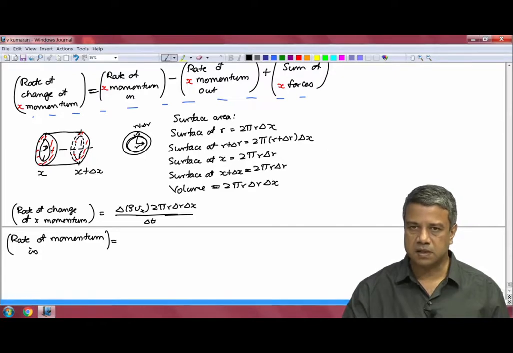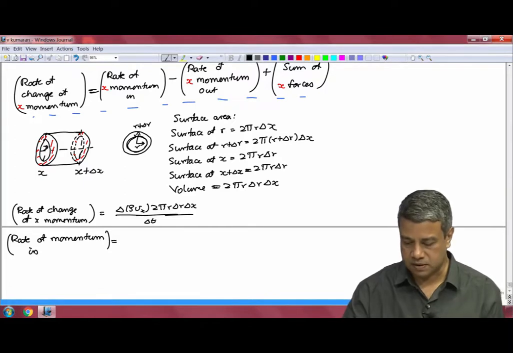For the surfaces at r and r plus delta r, there is no velocity perpendicular to the surface. So, there is no transport across the surface.